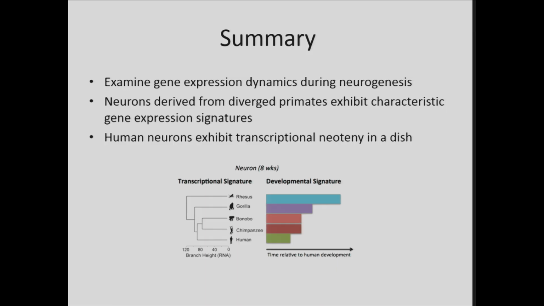And specifically, I'm going to ask this question with respect to different species. So we're going to take neurons from humans and neurons from gorillas and rhesus macaque, and we're going to compare how these different neurons progress through differentiation and see what different aspects are present due to the species that we're looking at.